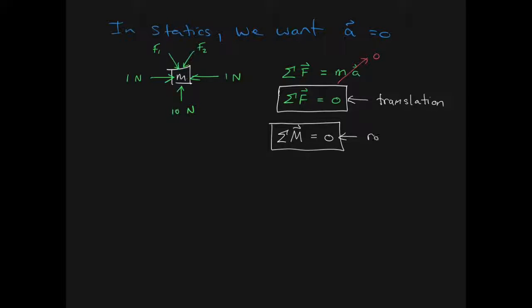That is our other form of motion. So we want 0 translation and 0 rotation. The whole point of statics is to keep things from moving. We want the acceleration to be 0, and vectors are a key part of that analysis.